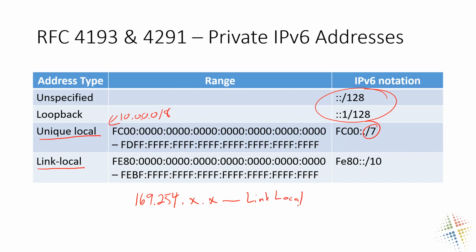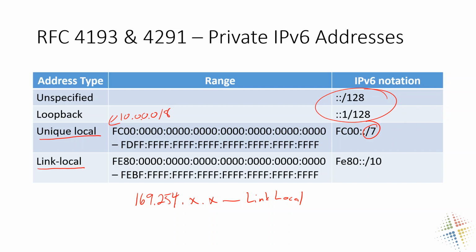Under IPv4, that means that it tried to get an IP address from DHCP. It couldn't, so it fell back and self-assigned an IP address to itself, a link local address that only worked locally. It only worked on the local link. The idea being, if your DHCP server fails, two computers on the same network can still talk to each other.